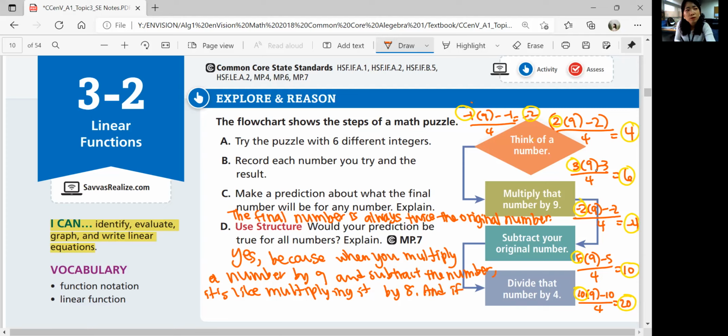And if you divide that by 4, it's always going to be twice the original number, right?